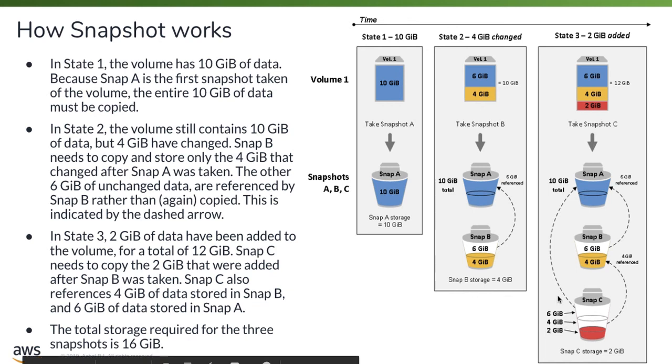That is because snapshot A has 10 GB, plus snapshot B has 4 GB, plus the new storage of 2 GB, all added into 16 GB of storage. So if you have an actual volume of 12 GB of data, the snapshot would take somewhere around 16 GB of data in your S3.